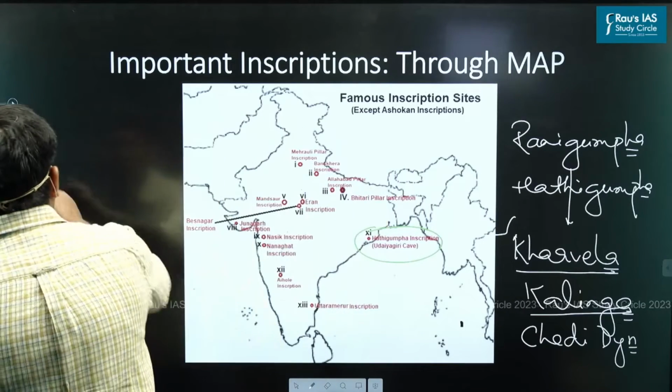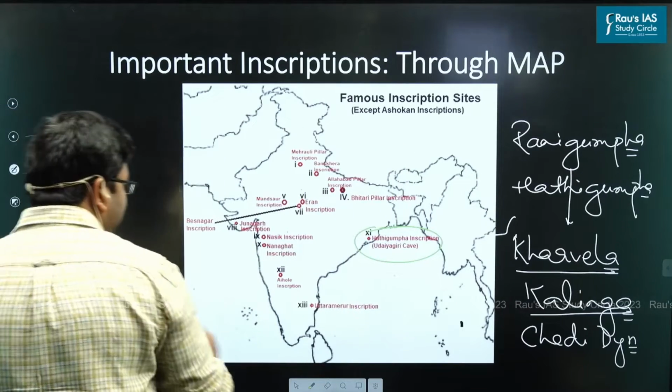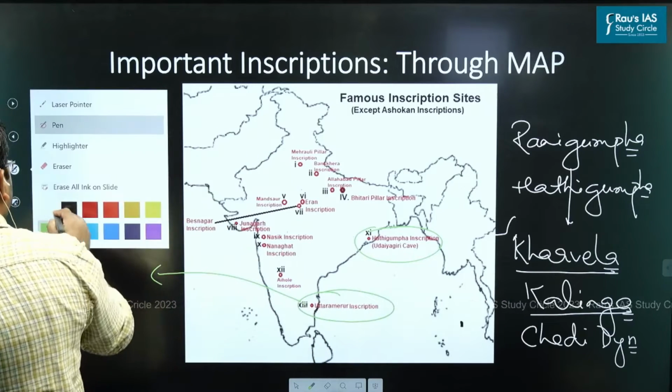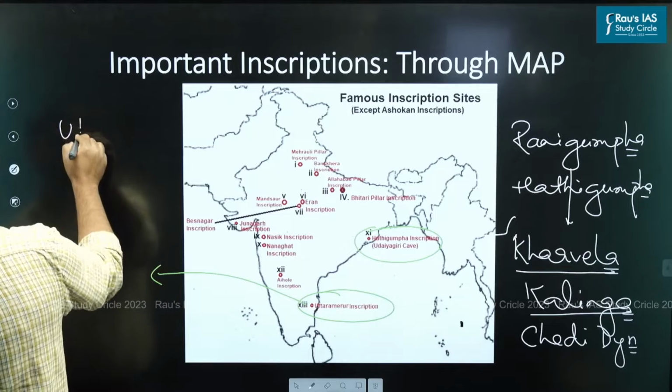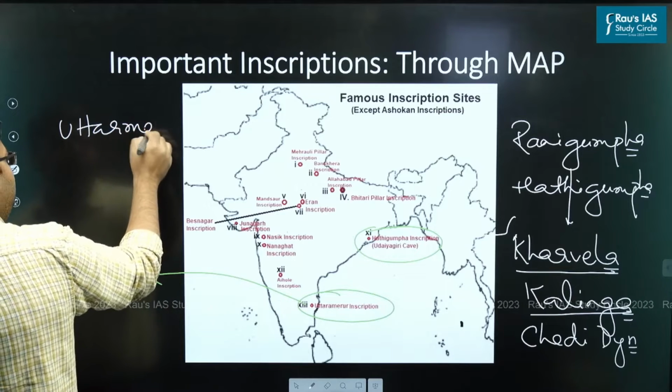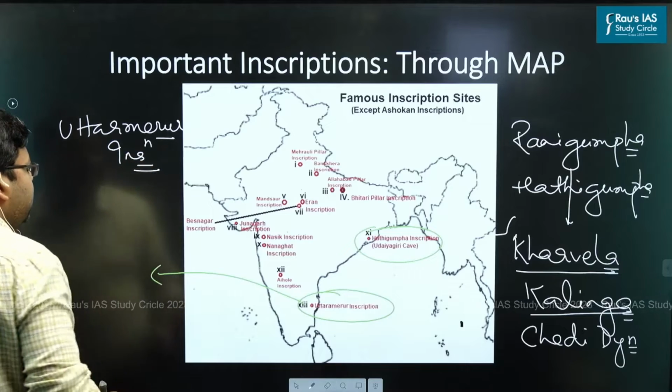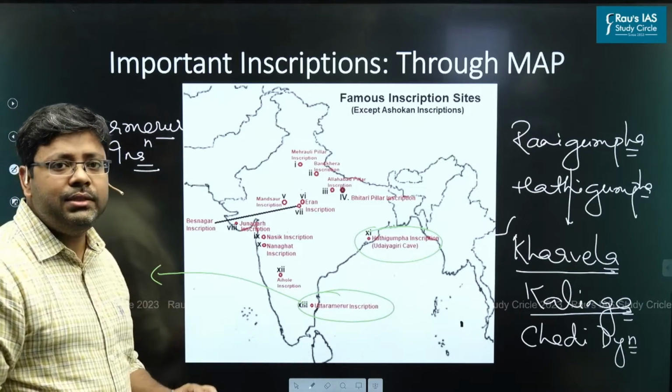Then another piece of information that we can have here is the Uttaramerur inscription. Now, super important Uttaramerur inscriptions, we have found them nearby Kanchipuram.